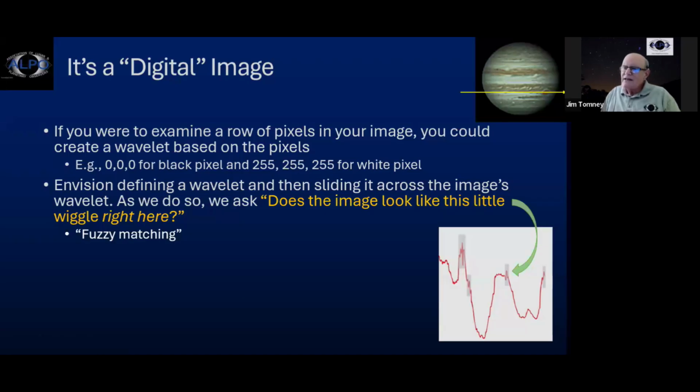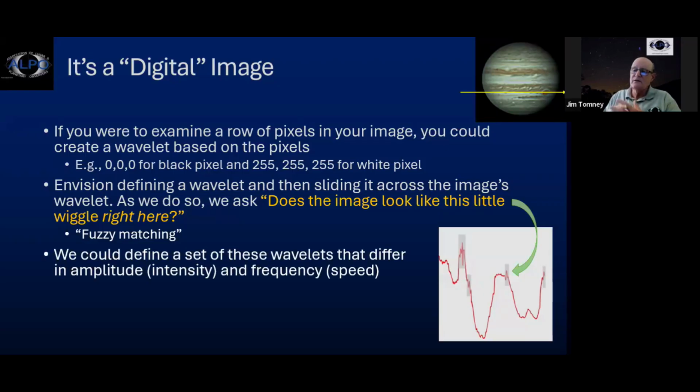It's like, okay, it's not a perfect match, but maybe it's a 90% match or an 80% match or a 25% match. So that's kind of at the heart of what's going on here: you define a wavelet, you then apply it across the data from your image, and you assign values for how well this created wavelet matches up with this particular part of the image.